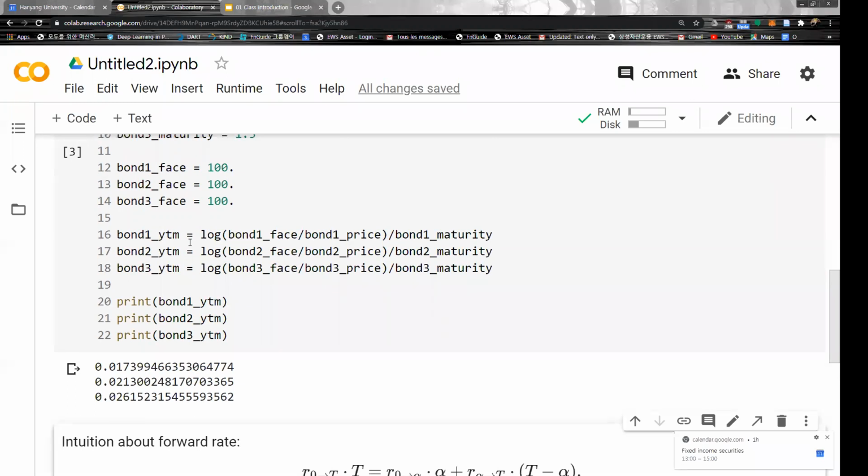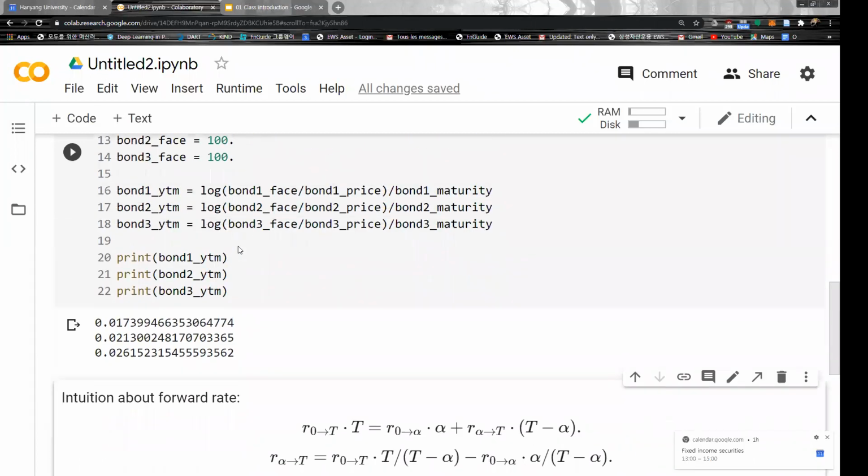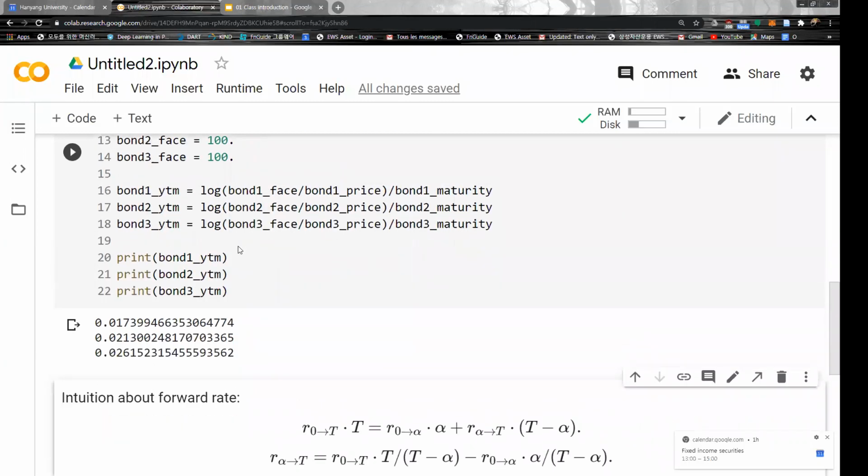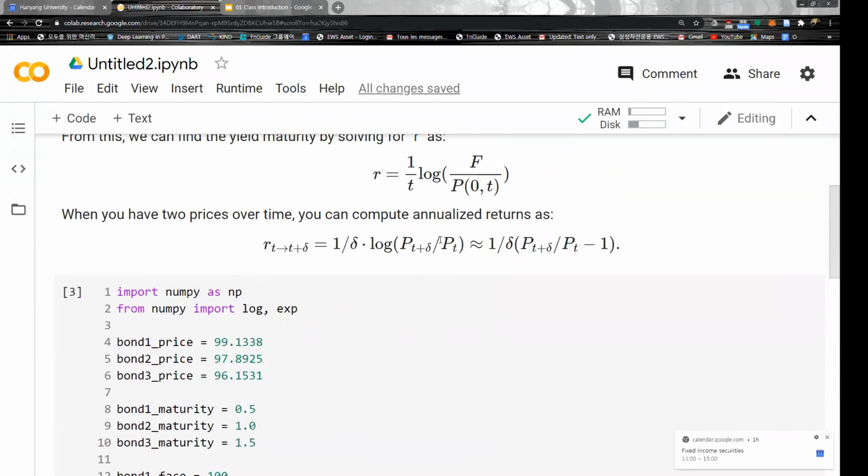Forward rate is simply, you can implement that one. Is there any other better way? Okay, that's one method. And then actually another method is we can simply use this formula.